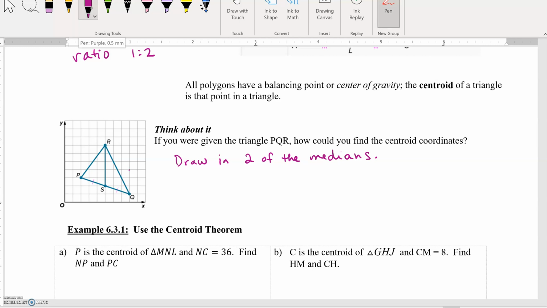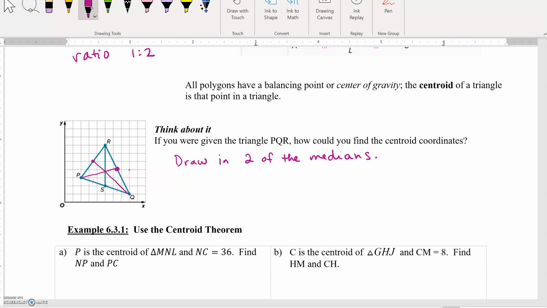So I'd go up 3, 1, 2, 3. So I'd go over 1.5. So the midpoint of RQ is right there, and then drawing in that segment that goes through P that has a different slope than RQ. We don't really know anything about the slopes per se. And then for the midpoint of this one, it's 1.5, and there we go.